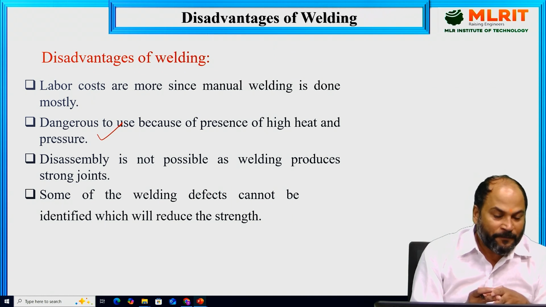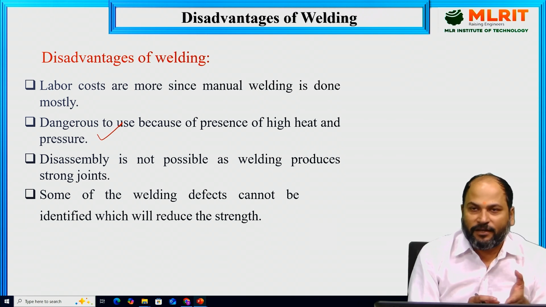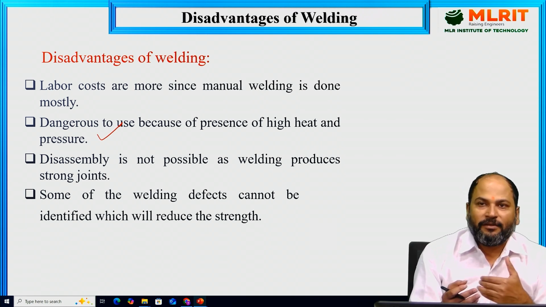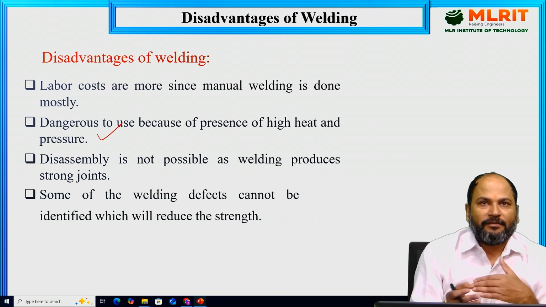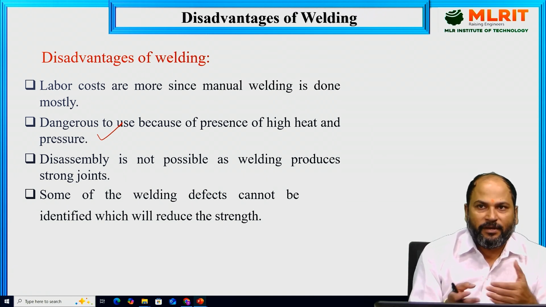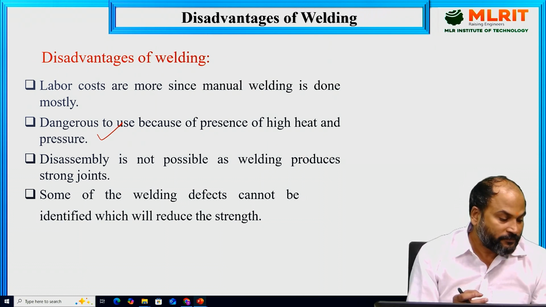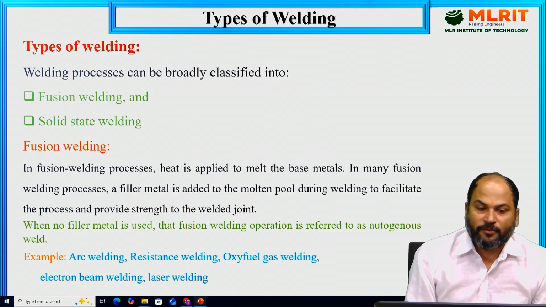So this is a disadvantage of the process: sometimes during welding it's very difficult to find out what the defect is, and finally when the part is welded and put in the proper application for which it has been manufactured, these defects will come out. So these are the disadvantages of this process.